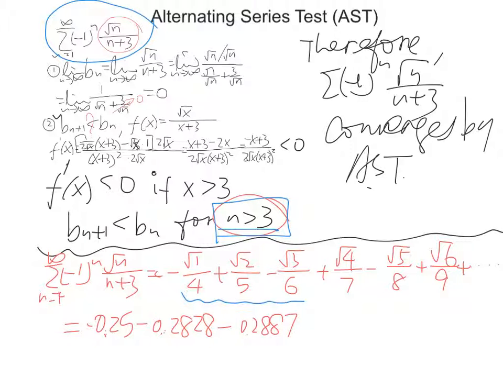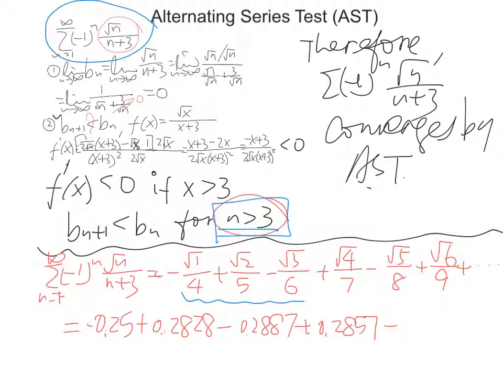So I have minus, plus, minus, and now I should have a plus square root 4 over 7, which is going to be 0.2857. You can see the numerical value is going down now.